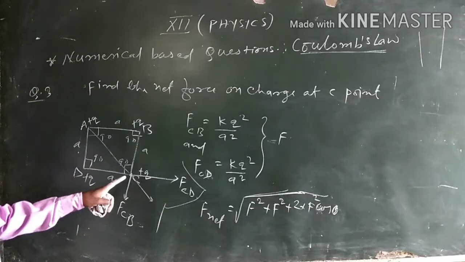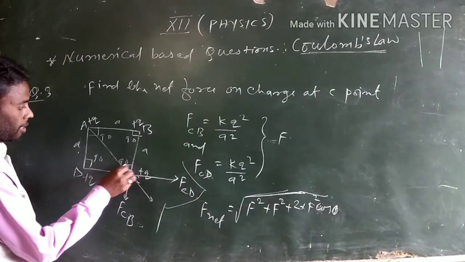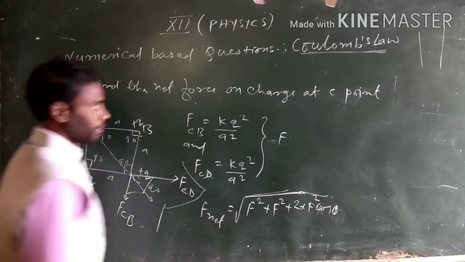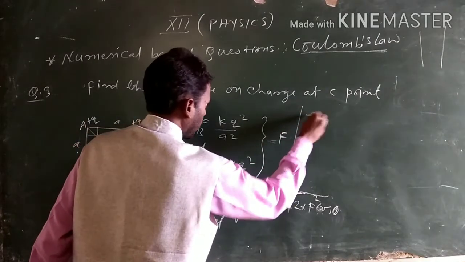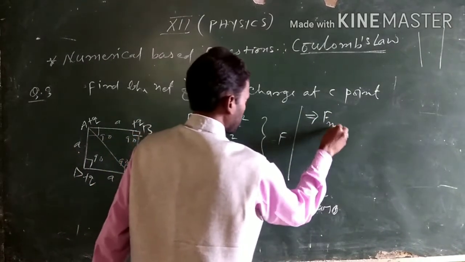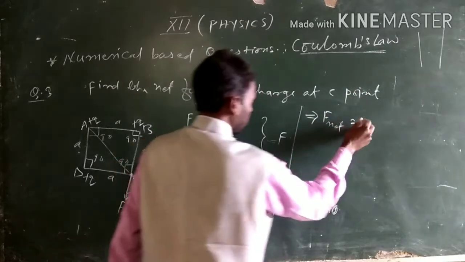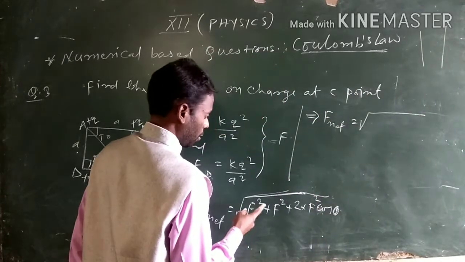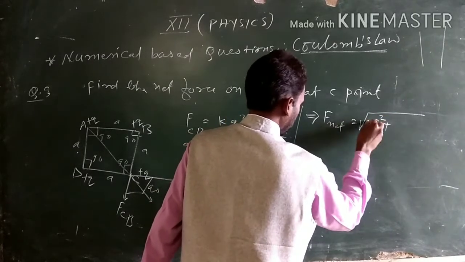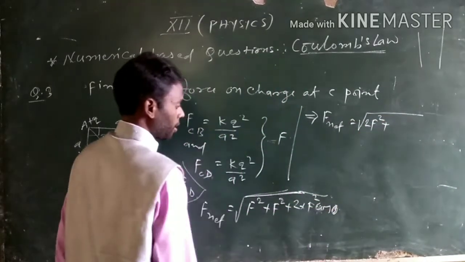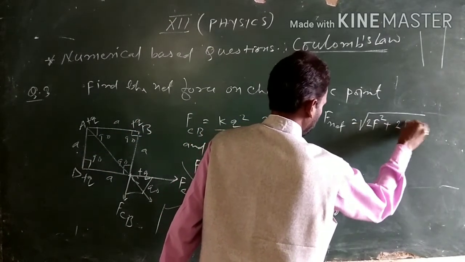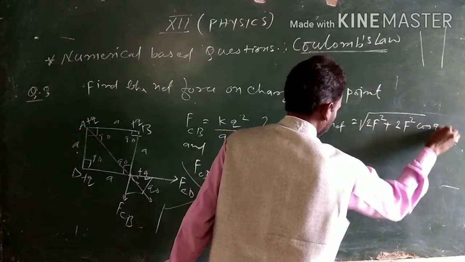Here the angle made is 90 degrees. This is 90 degrees. Then our net force between these two forces will be equal to F square plus F square plus 2F square cos 90 degrees.